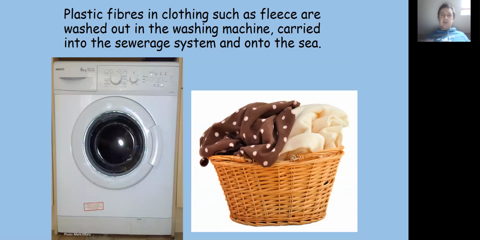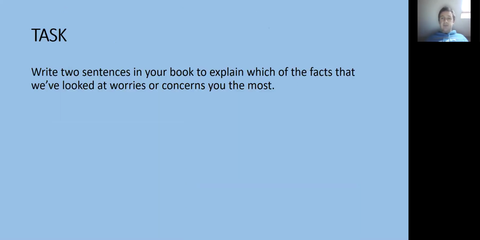Plastic fibers exist in some clothing, like fleece. Every time it goes through the wash, a few more come out and they're carried away into the sewage system and out to sea. That's plastic fibers that ultimately may end up being eaten by sea creatures.